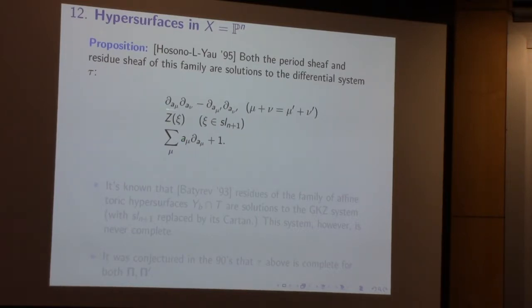If you apply this operator on the section I wrote down, omega over f, you see immediately that this operator has to kill that form, and therefore it has to kill the residue and the corresponding periods. So these are some of the obvious things you can write down.